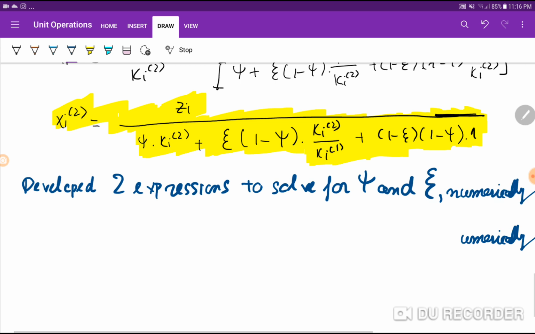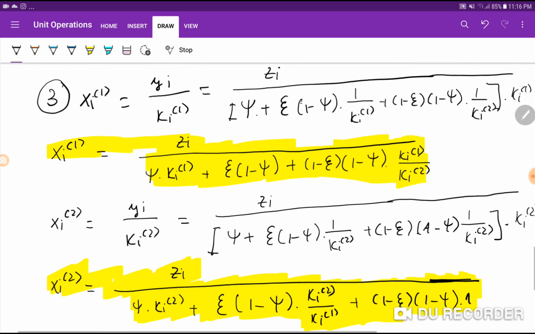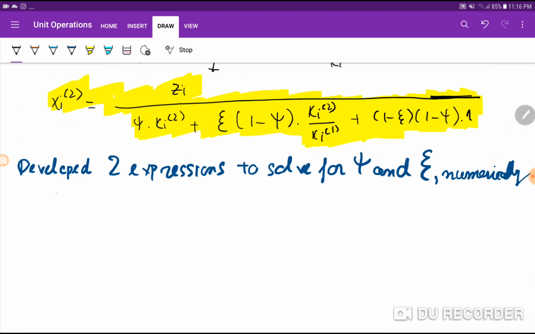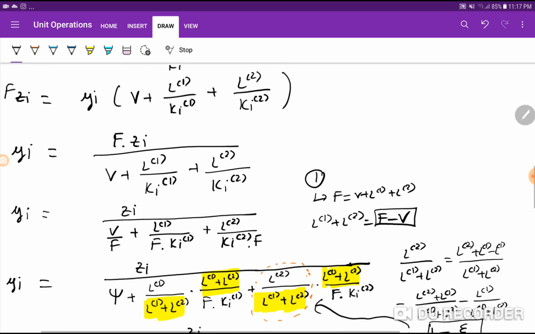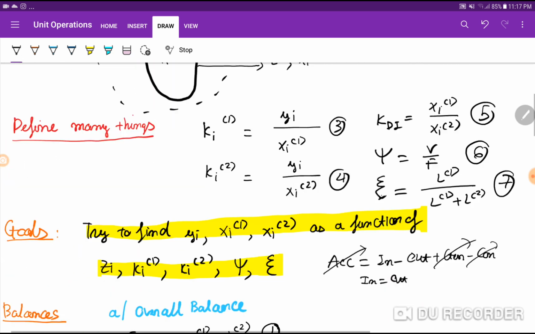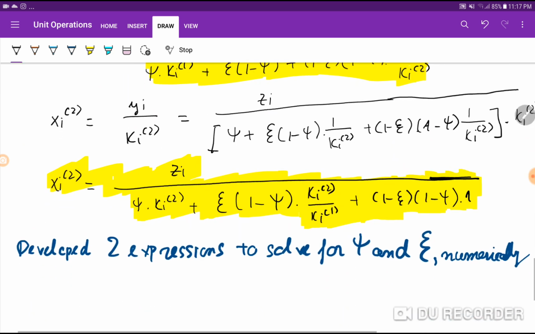Okay, so what you're going to do is you use the first expression, you have summation yi minus xi. I'm going to explain everything again. Let me see if I mentioned them before. No, I didn't mention it, so I'm going to mention it right now.